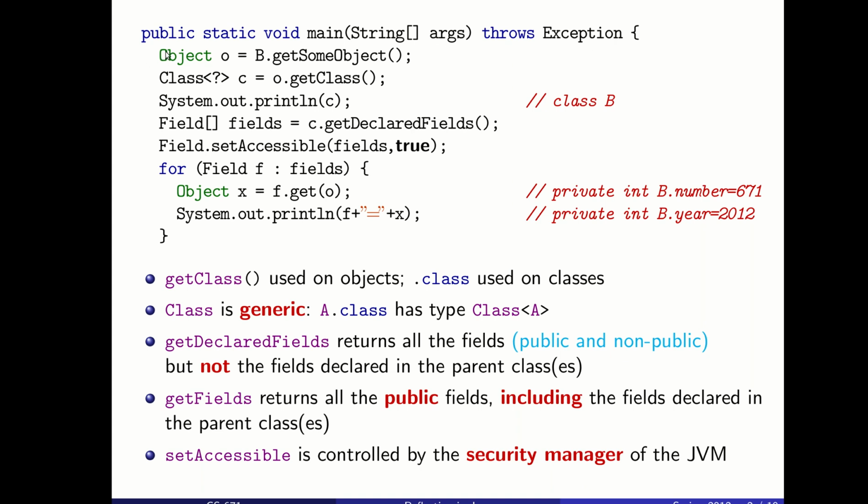So for instance, we get an object variable and we just have B generate us a B object. That will give us one with all those basic variables, the string for the course, and then the number and the year. And it will be able to use its methods if we can get Java to treat it as a B, because you notice that we created it as an object variable.